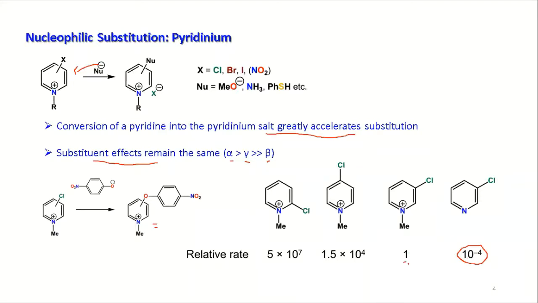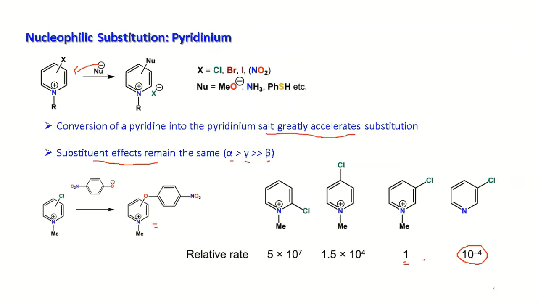So the pyridinium beta position chloro is having 1, then the pyridine beta position chloro is having 10 to the power minus 4. So 10 to the power 4 times higher rate in the pyridinium system. And then if you go for the gamma, you have again 10 to the power 4 times higher. And if you go for the alpha chloro system, it is far higher, so it is 10 to the power 7.